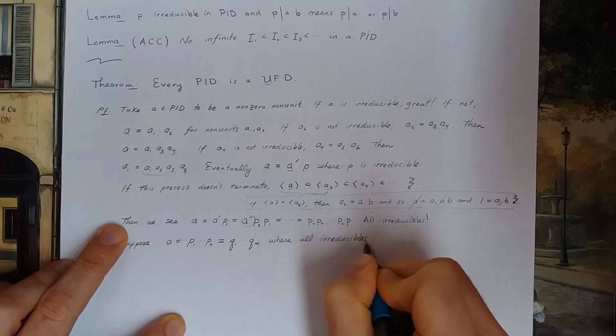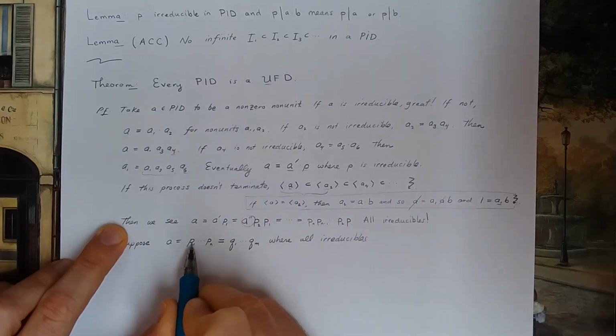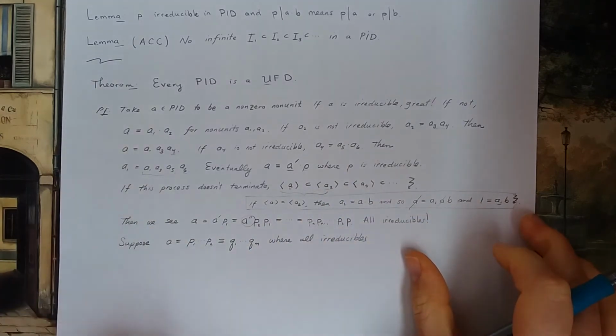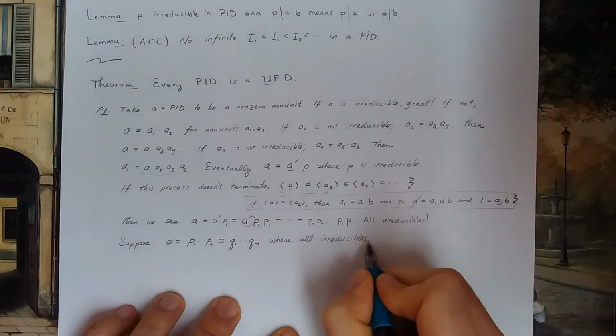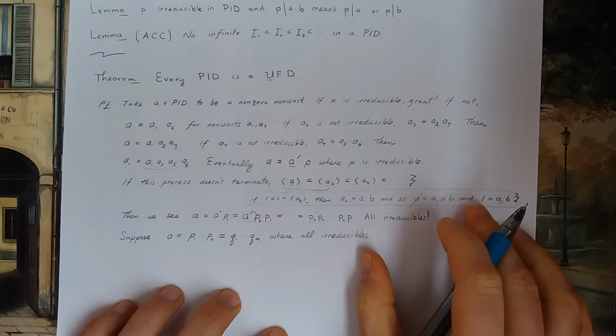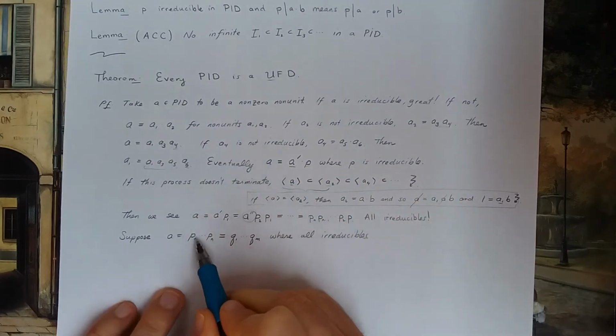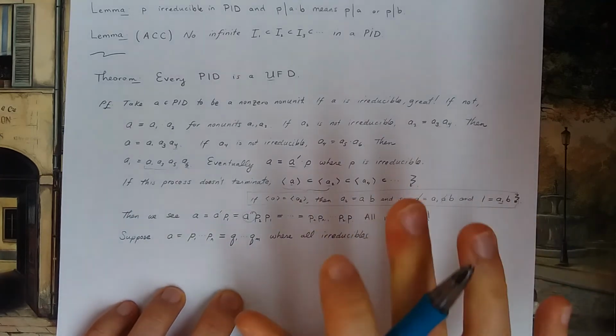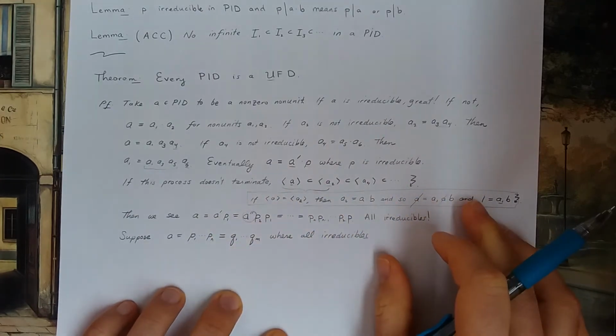So suppose I could write A as a product of irreducibles in two different ways. I need to show that these two different ways really aren't that different at all. The only difference is maybe I've shuffled around the terms and maybe I've multiplied by some units here and there, but really it's the same expression.